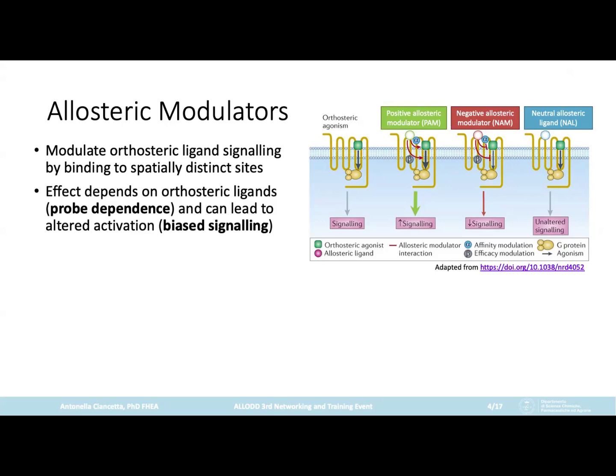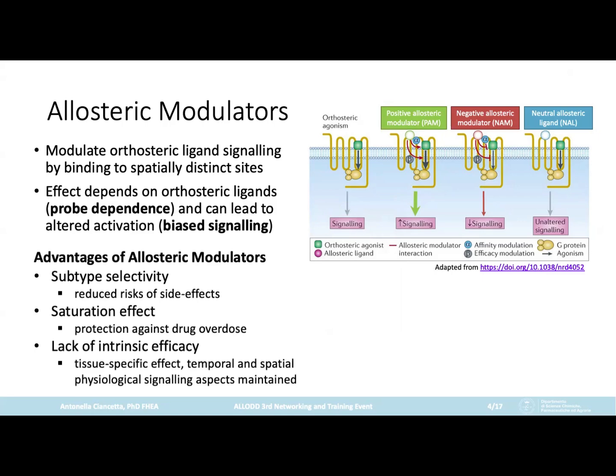So there are numerous advantages to trying to develop allosteric modulators, which of course, apart from the subtype selectivity, which is expected to be higher with respect to orthosteric ligands, if they lack intrinsic efficacy, they can also have an effect only when and where the orthosteric agonist is acting.